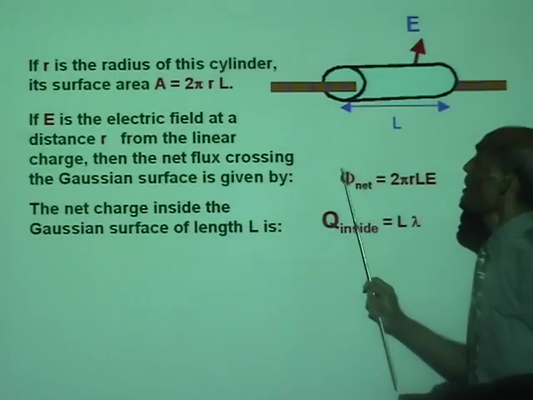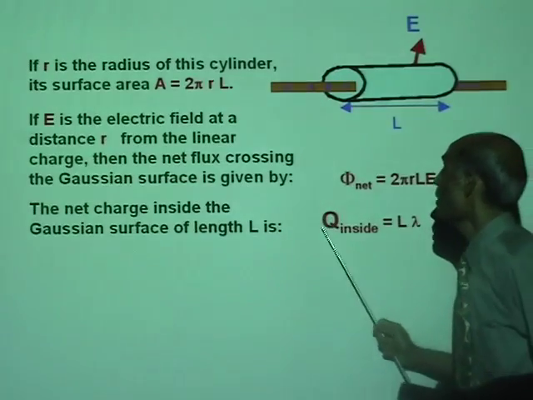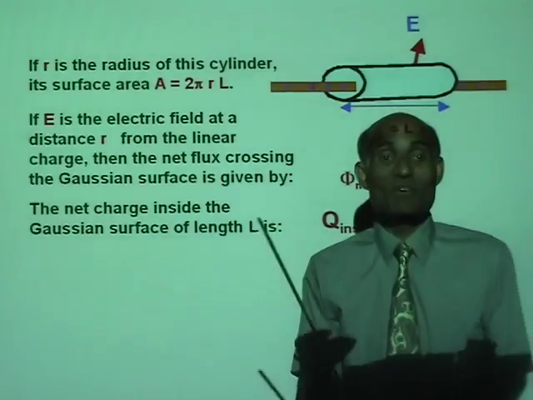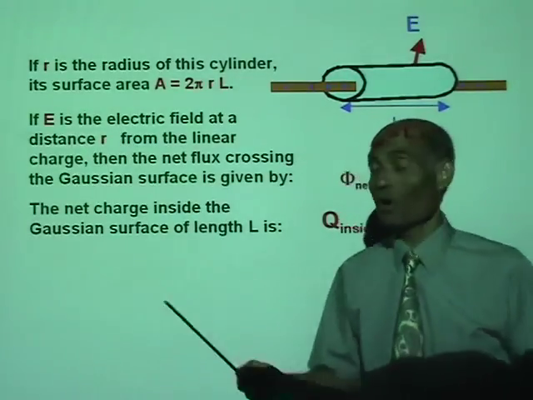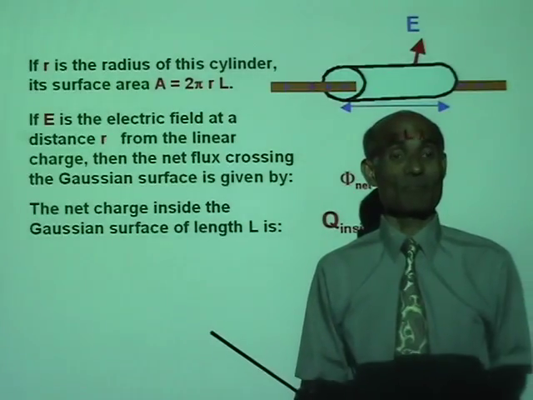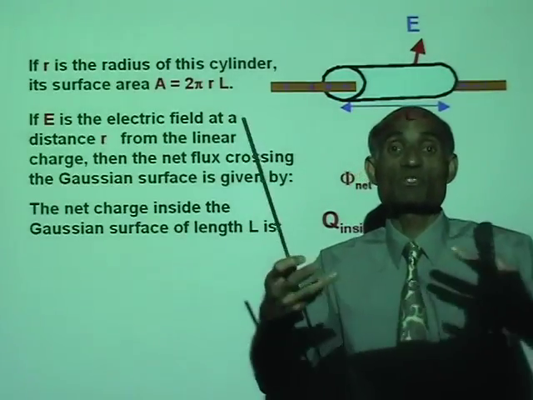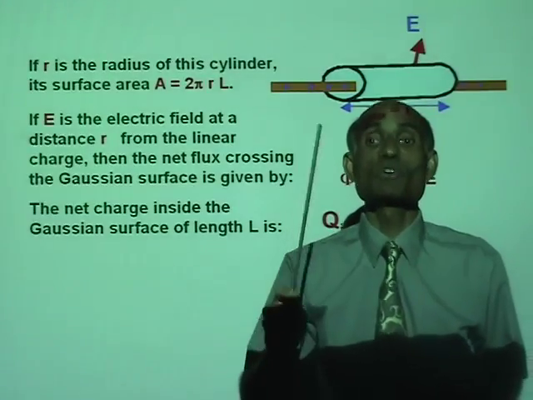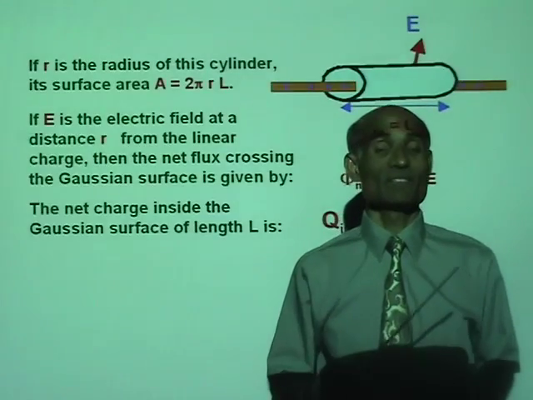Well, we now know the net flux crossing the Gaussian surface. We know the amount of charge inside the Gaussian surface. Can you now write down the statement of Gauss's law using these two? What is the statement of Gauss's law? Gauss's law says phi net, the net flux crossing any surface area, equal to Q inside divided by epsilon naught.